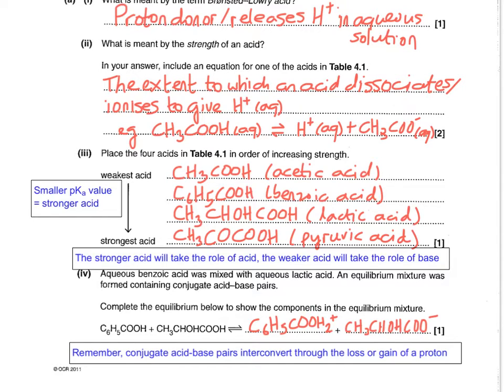So therefore, as C6H5COOH is weaker than CH3CHOHCOOH, the benzoic acid on the left receives a proton from the lactic acid on the right, and therefore you get C6H5COOH2+ and CH3CHOHCOO-.